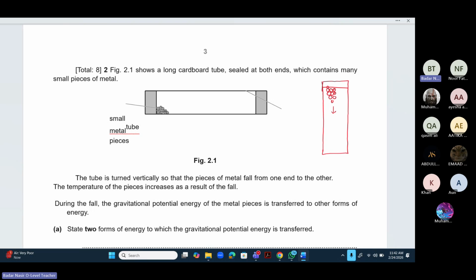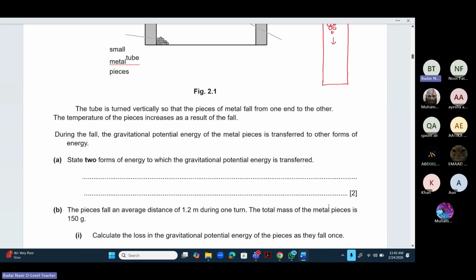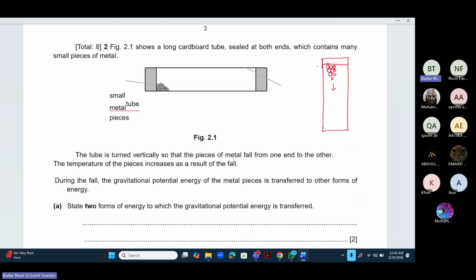State 2 forms of energy to which the gravitational potential energy is transferred. So beta, जब ये metal pieces एक height पे है, when they are at a certain height, they possess gravitational potential energy. And when these metal pieces are falling, they start moving. और movement की वजह से कौन सी energy produce होती है? Kinetic energy.